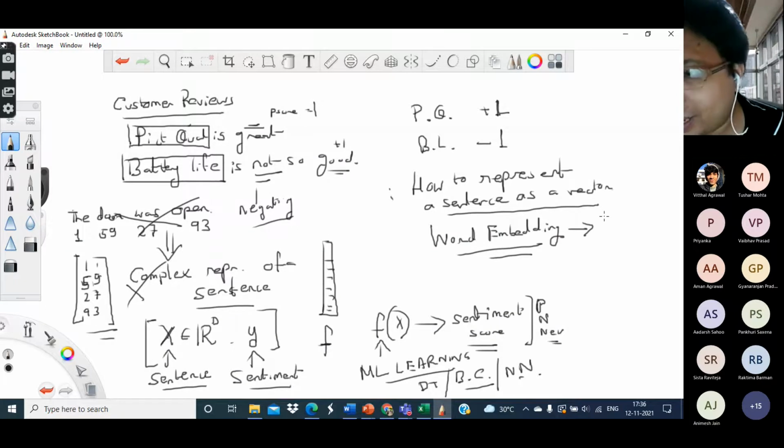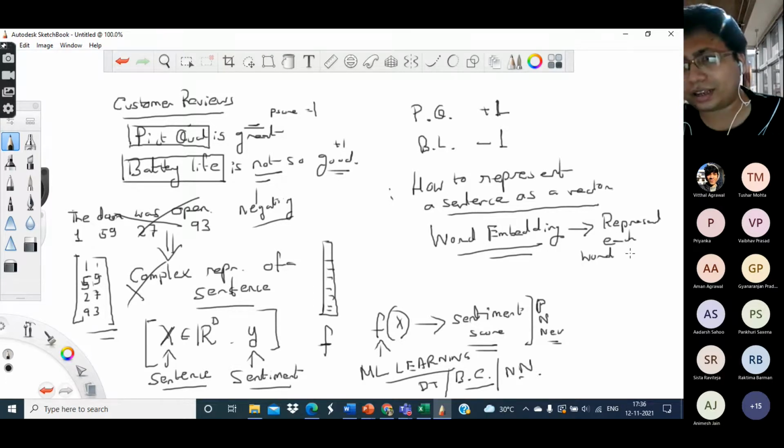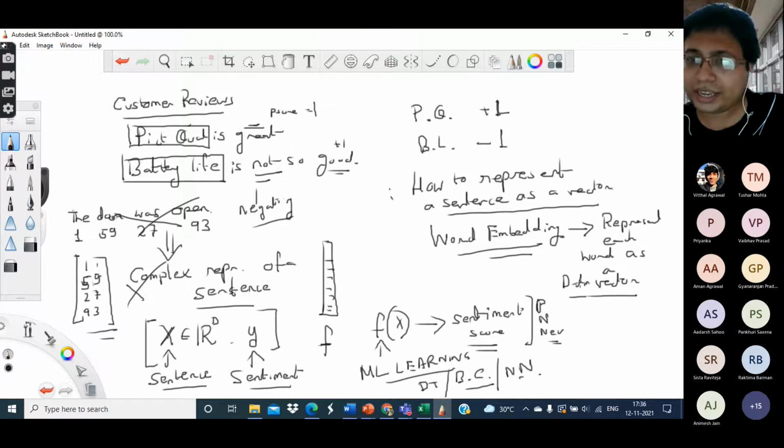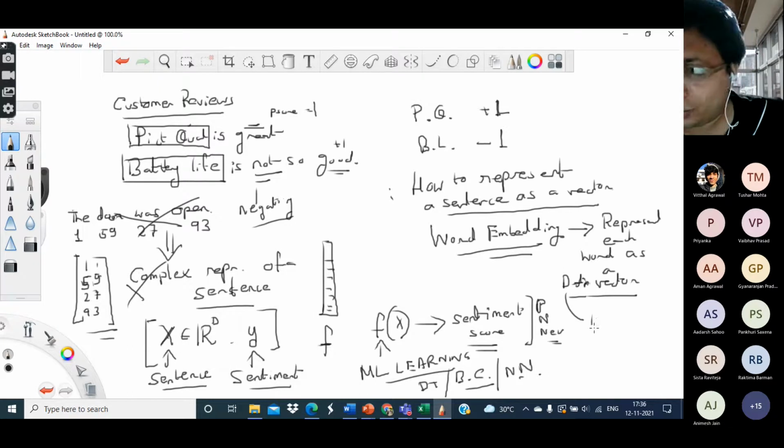As the name suggests, it says to represent each word as a vector, and that too as a d-dimensional vector. Now what is d? d is any value which the user wants.